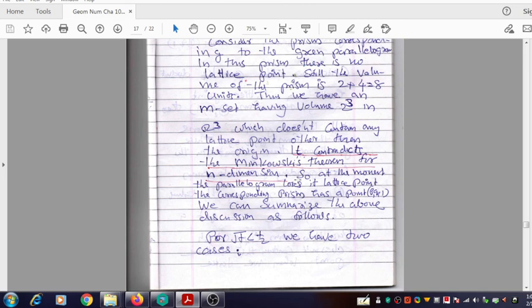This problem has happened because we have assumed that the lattice point which exists in the M set belongs to the cross section, and that is the problem. So this point we will correct.